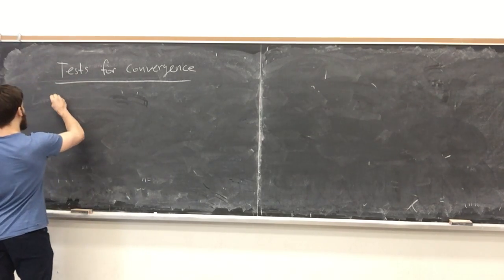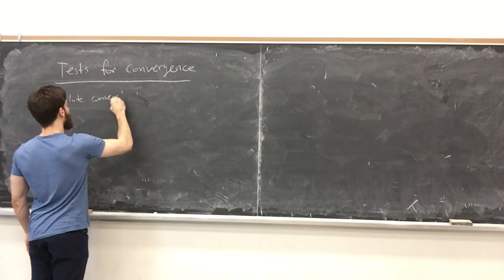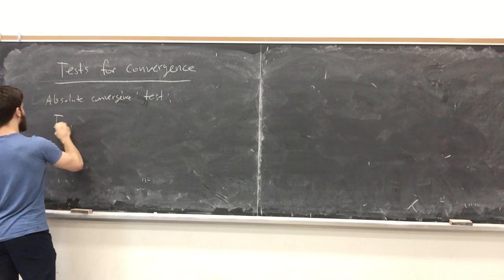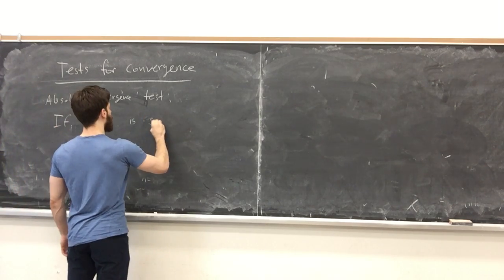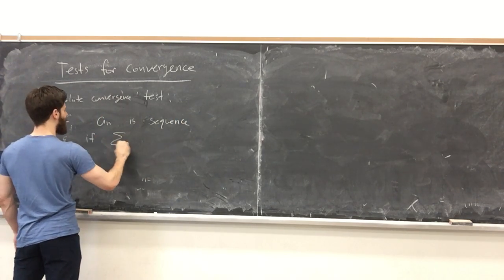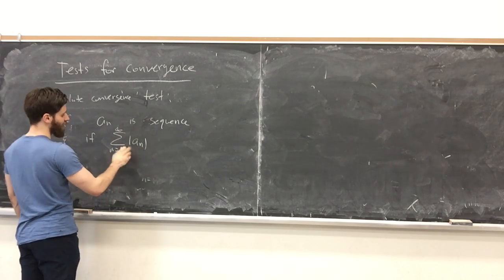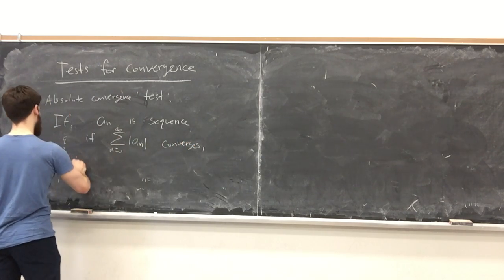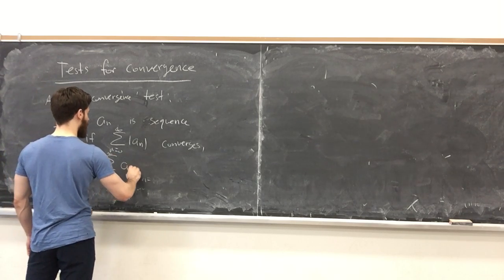So let me write this out. The absolute convergence test says that if a_n is a sequence, and if this infinite sum converges, the infinite sum of the absolute value of each a_n converges, then the infinite sum of the a_n also converges.